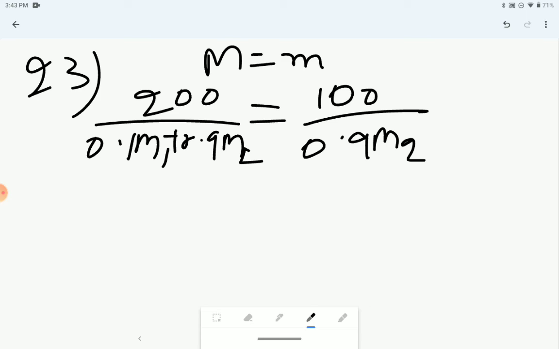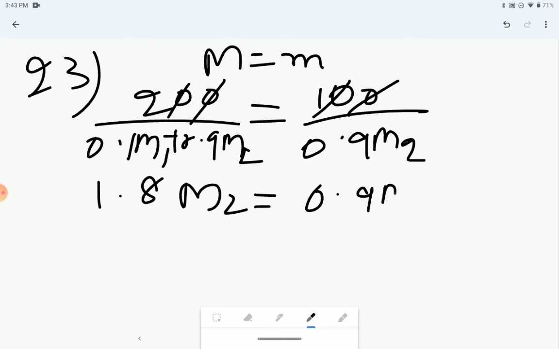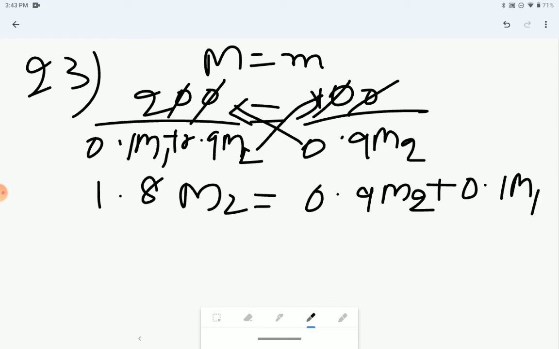Cancelling, we get 2 into 0.9, which results as 1.8 m2 is equal to 0.9 m2 plus 0.1 m1, by cross multiplication. So 0.1 m1 comes out to be 1.8 minus 0.9, which is 0.9 m2.